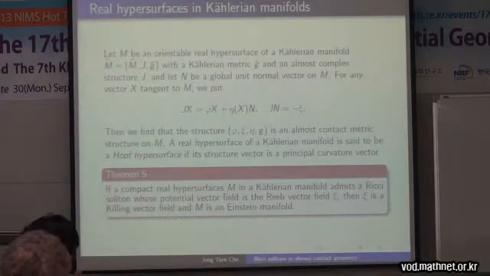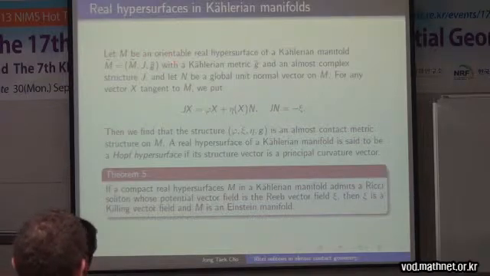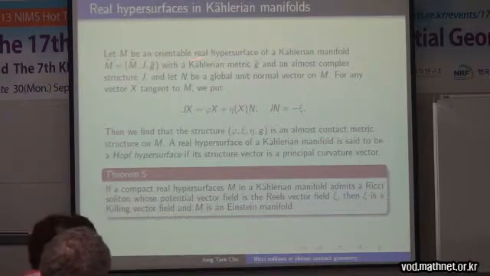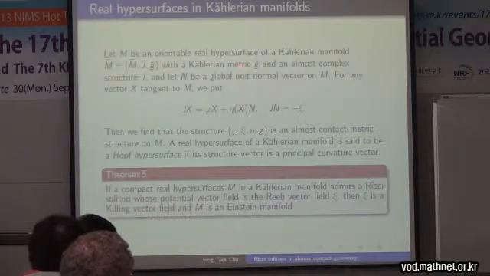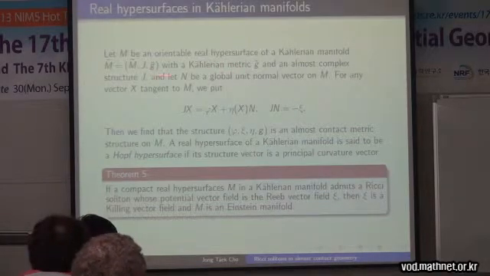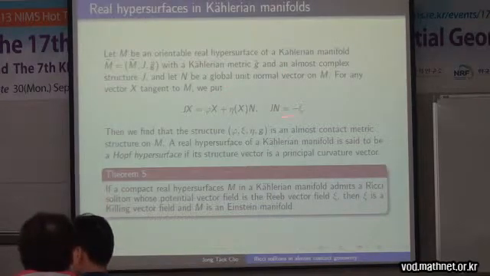Now we finally look at real hypersurfaces in Kähler manifolds. Let M be an orientable real hypersurface of a Kähler manifold, M tilde, J, g tilde. Here, g tilde is a Kähler metric, J is the almost complex structure, and let N be a global unit normal vector field on M. Then we have these fundamental relations.